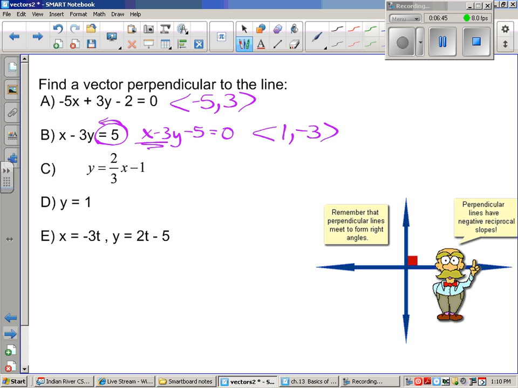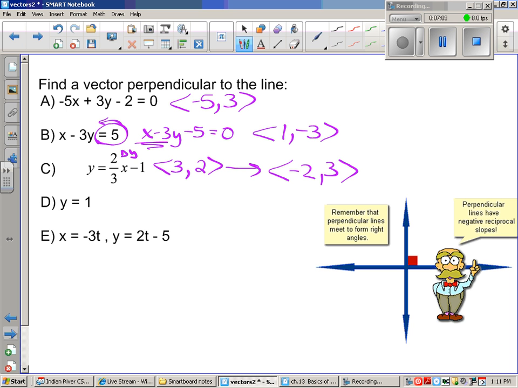When we see it in the Cartesian form, where it's set equal to y, we have to understand the original vector here, change in y, change in x, is 3, 2. So if I want the perpendicular vector, I don't want 3, 2, I want negative 2, 3. Or yes, 2, negative 3.